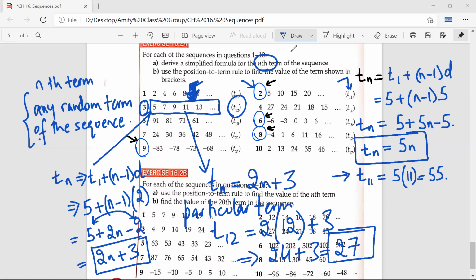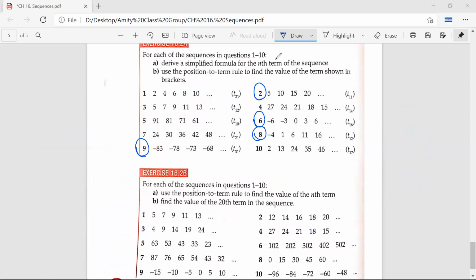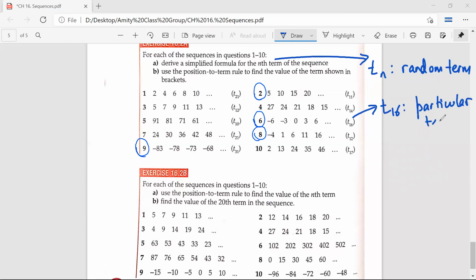So let me repeat again. The nth term Tn is a random term. But for example, in this, T16 is a particular term. Have you found the Tn for this sequence, Soumya ji, or Aishwarya or Sanvi? Has anybody found the Tn for this question number 6?